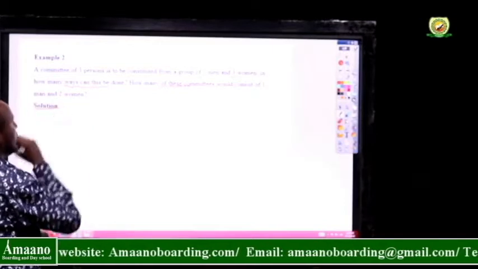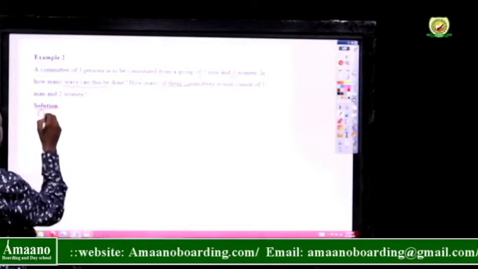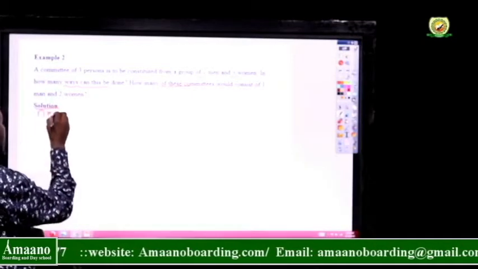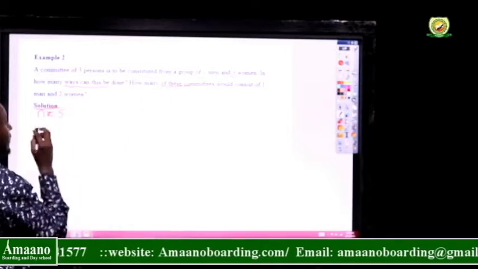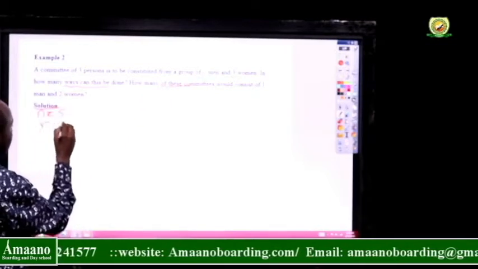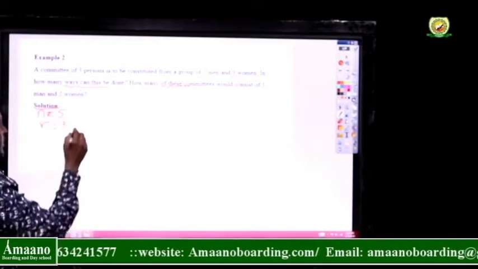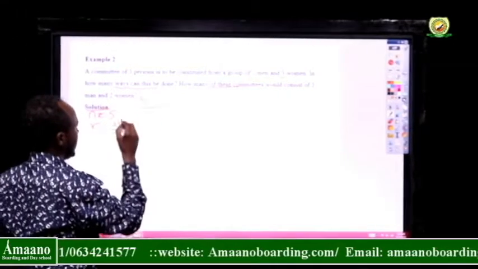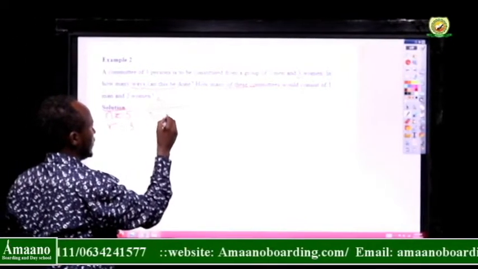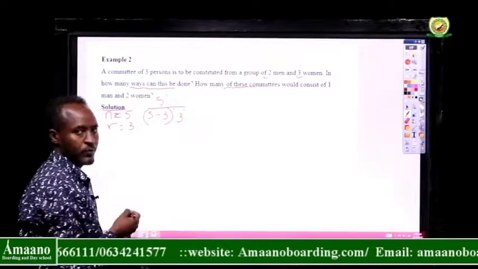The solution. From here we are given n as 2 plus 3, which is 5. And we want to take 3 at a time. If we apply the formula for combinations, this is 5 factorial divided by 5 minus 3 factorial times 3 factorial.